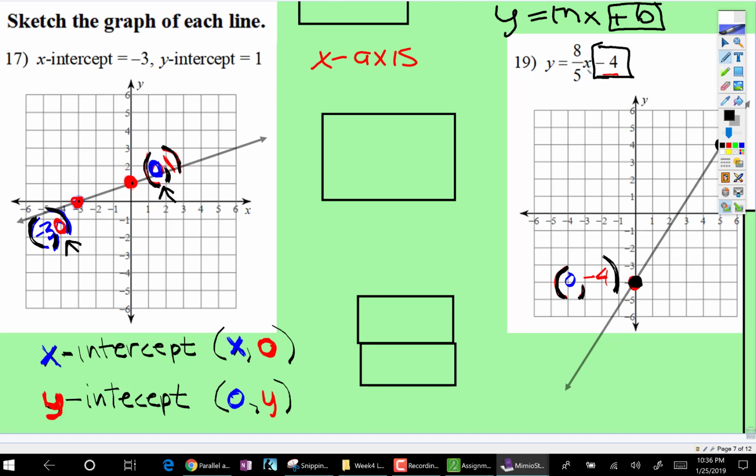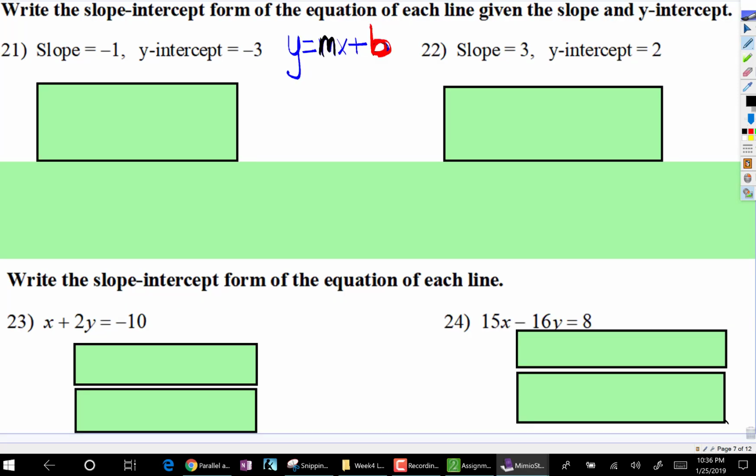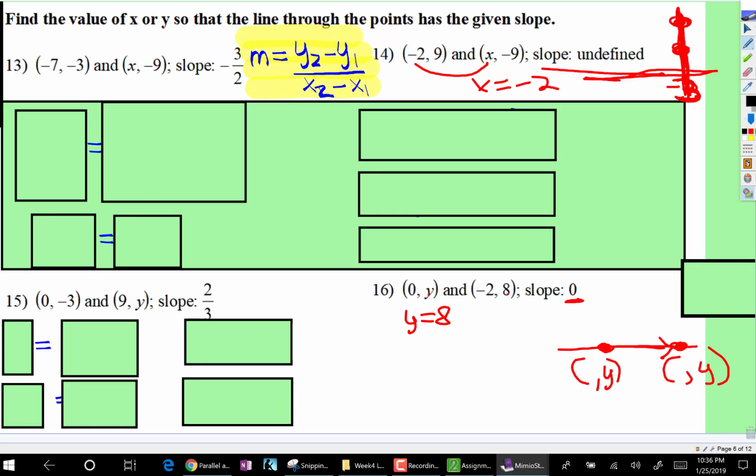And whatever's touching the letter x is the slope. So in this case, we go up 4 over 5. If we're down at -4, 1, 2, 3, 4, that makes sense, we're at 0. And then you just draw a line between those two points. And I'm going to end that one right there.